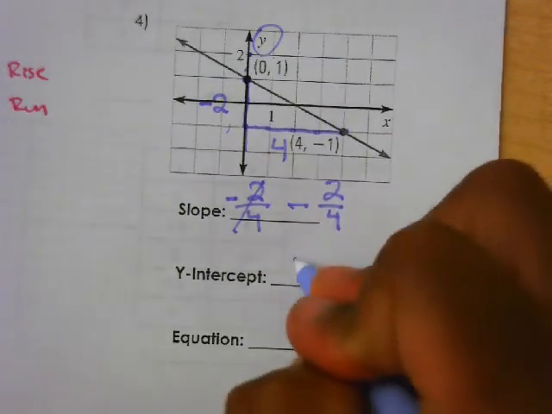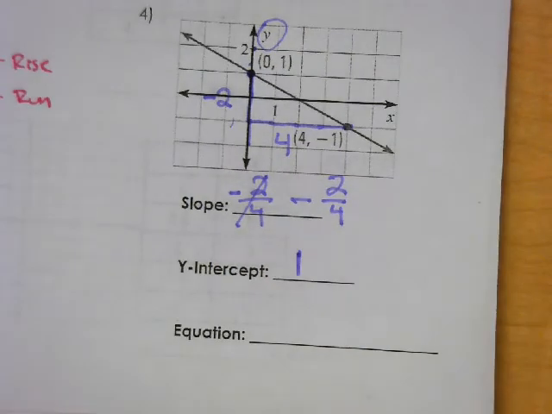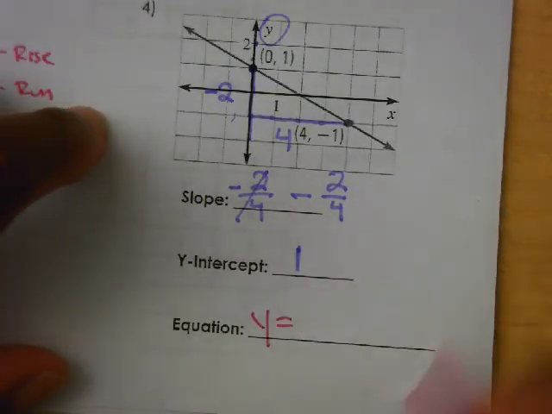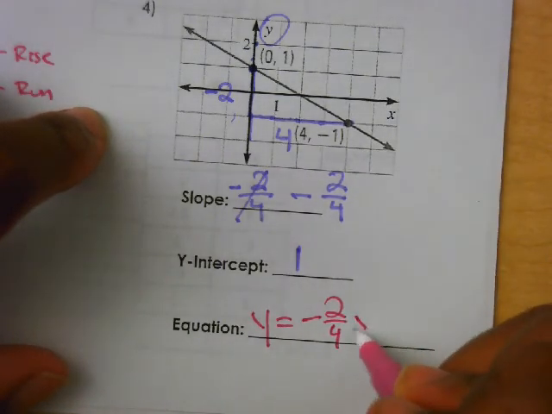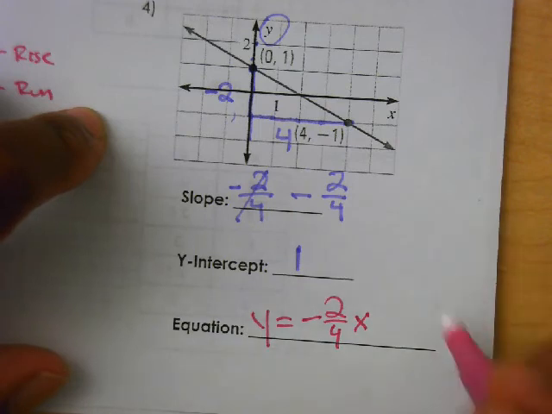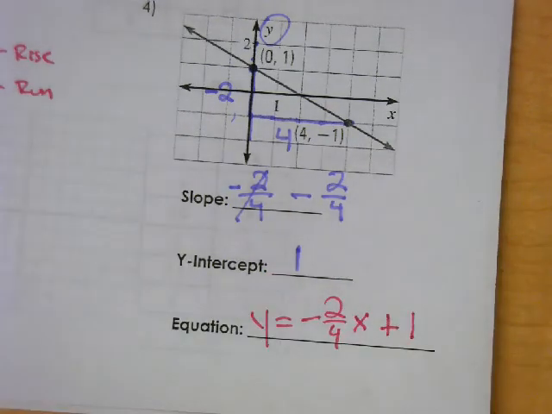Our y-intercept is 1. So the equation is y equals -2/4 times the input x plus 1. Flip over to the back.